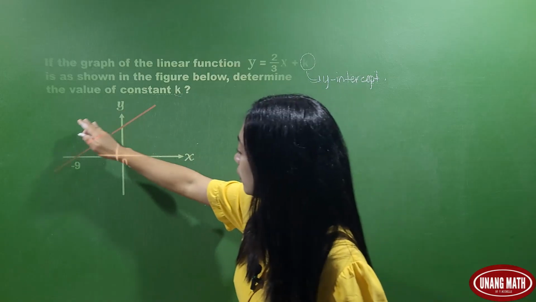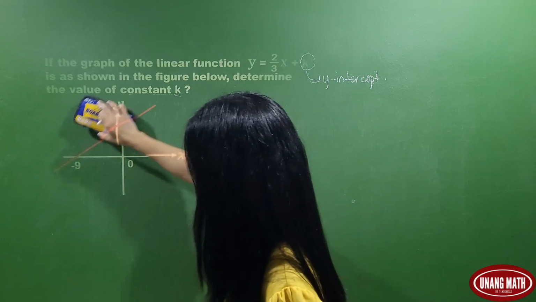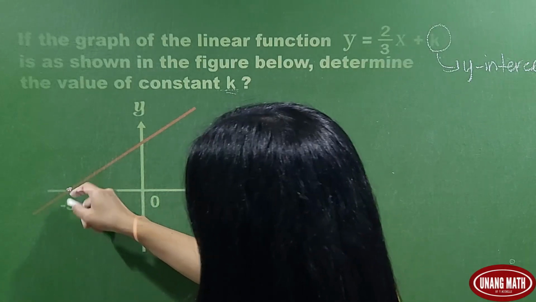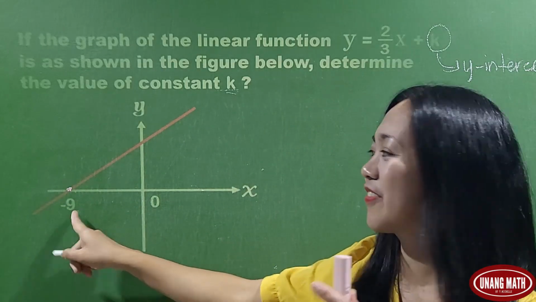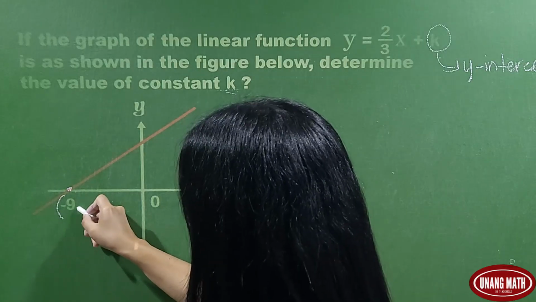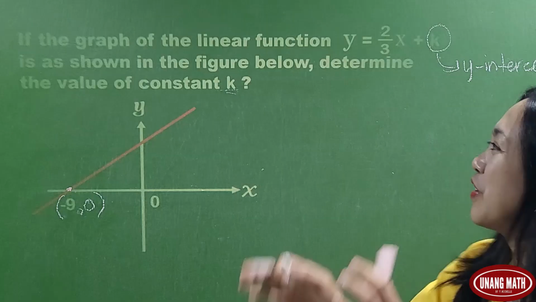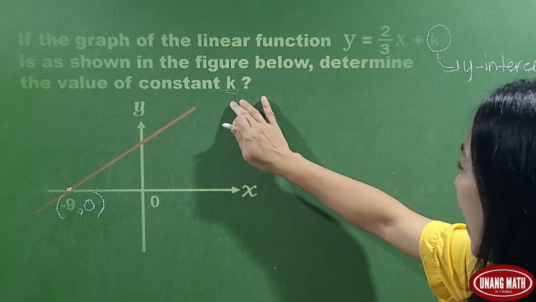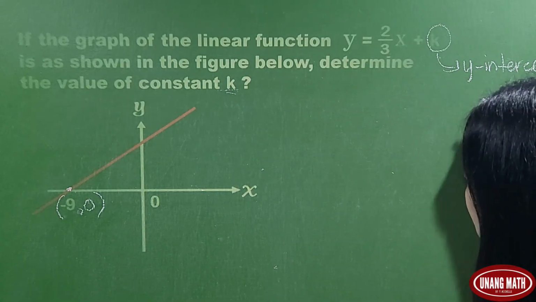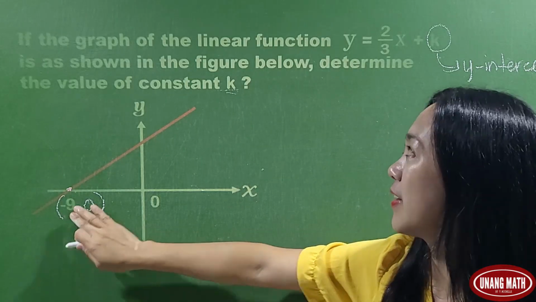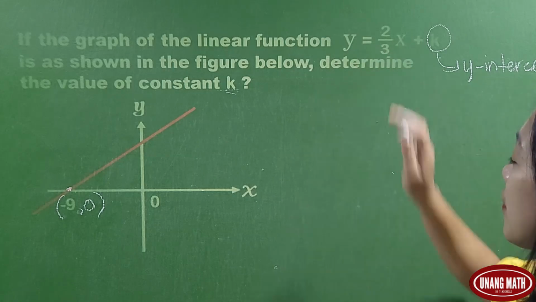If we take a look at this figure, it's given that our x-intercept is negative 9. So the coordinates here are negative 9, 0. To find the value of constant k, or our y-intercept, we will just substitute the value of our x-intercept in this linear function.